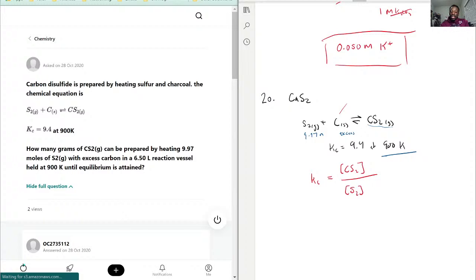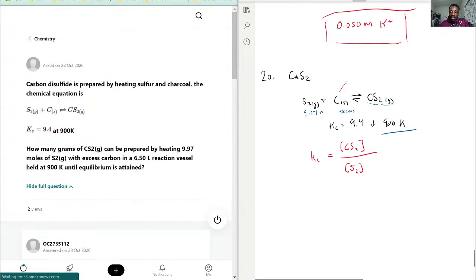So let's say the Kc is 9.4. In order for this to equal 9.4, it has to be something, X, divided by, as it gave us, 9.97 moles.